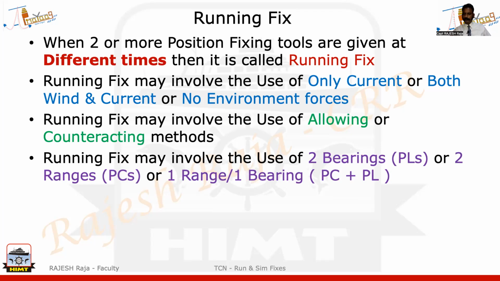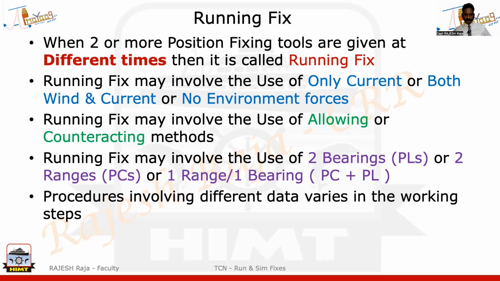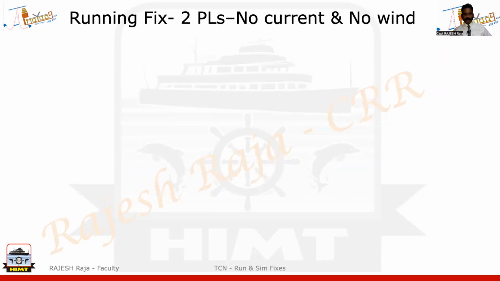It could be two PLs or two bearings, two ranges, or a combination of one range and one bearing. Based on the data given and the type of question, your procedure will differ a little bit, and you will have some restrictions. We will see them one by one, but in this module I am looking only at running fix using PLs. The first case I've taken does not involve any environmental forces.